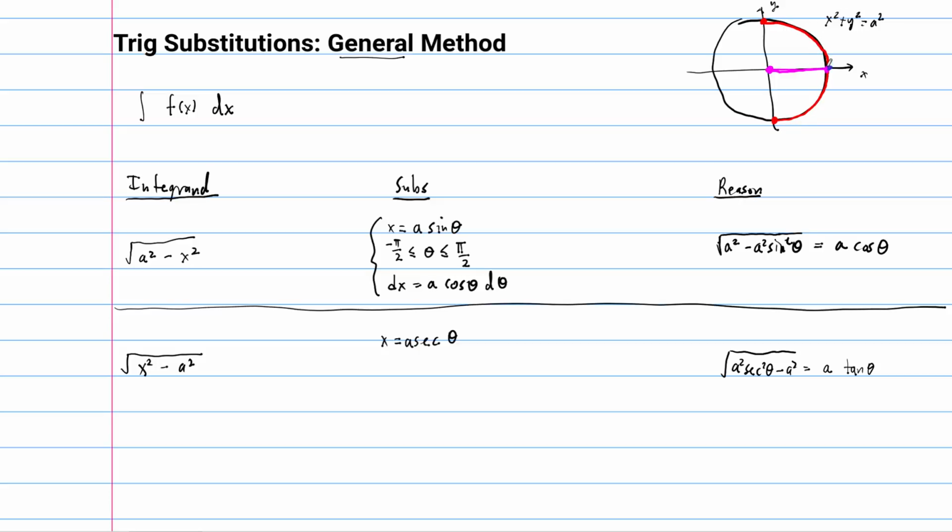So instead, for this one, what we'll do is we'll choose our domain for theta to be the first quadrant. That'll give us our positive x values. And then again, we'll choose the fourth quadrant. So this one's going to have to be broken up, right? So in this case, we have two different domains for theta. So theta is between, by the way, it can't equal these endpoints, right?